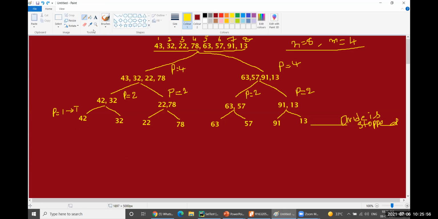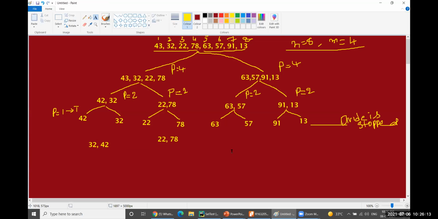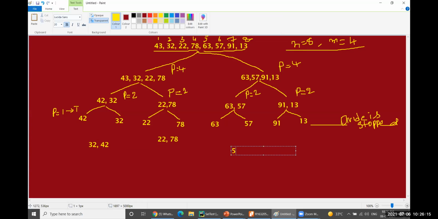These two are going to be merged together. 32 is the first element, which is smaller than 42, so 42 will be the second element. Then 22 will be the first element and 78 the second element for the second sublist. Then 57 will be the first element and 63 the second element after merging. Then 13 is the first element, and 91 will be the second element.